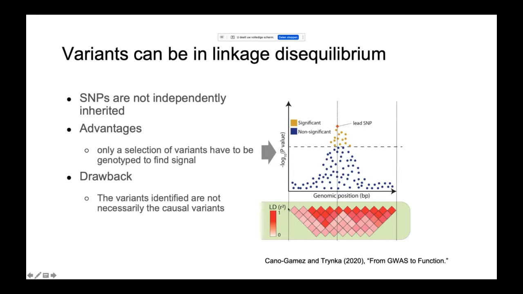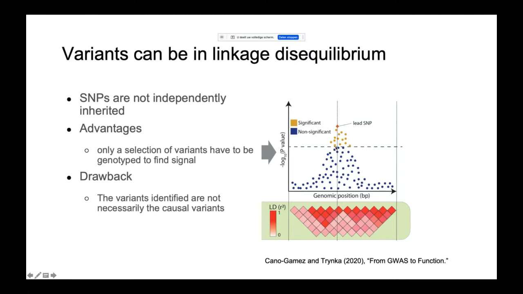And herein we can also see this linkage disequilibrium. So we see the lead SNP and a couple of other variants that are also to a lesser degree associated to the same outcome, because they have more or less the same p-value.